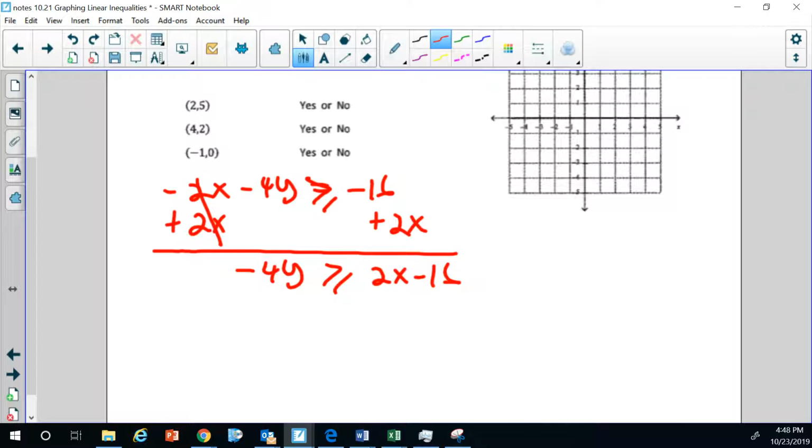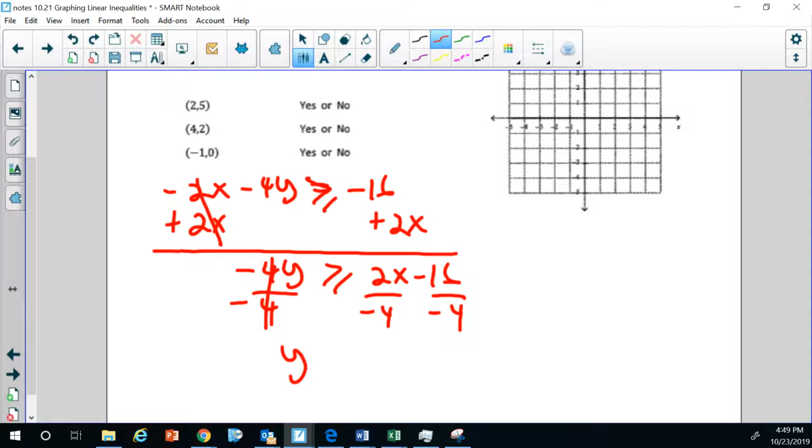Now I want y by itself, but it's been multiplied by a negative 4. Inverse operation to get rid of negative 4, so I divide by negative 4, and I have to do the same thing on the right side. Negative 4 divided by negative 4 goes away, and that leaves me with y.